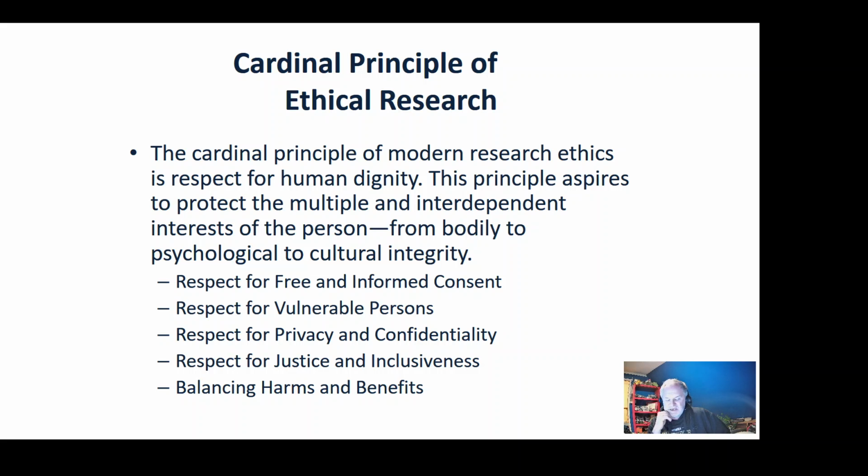Respect for justice and inclusiveness. Just examples of justice and inclusiveness. Medical research in terms of pharmaceutical research on the testing of drug treatments. Years ago, the participants in drug trials were males, typically white males. There were no females or women involved in the trials, or people of color, or people from different groups.